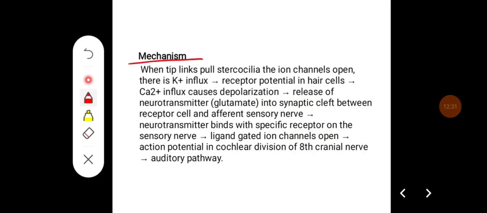The mechanism of production of action potential. When tip links pull the stereocilia, the ion channel opens and there is a potassium influx because the endolymph consists of a large amount of potassium.